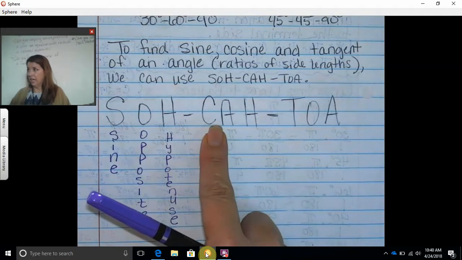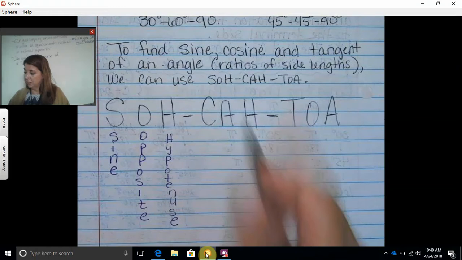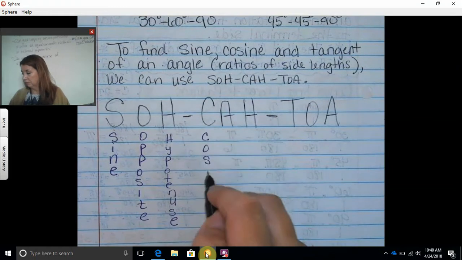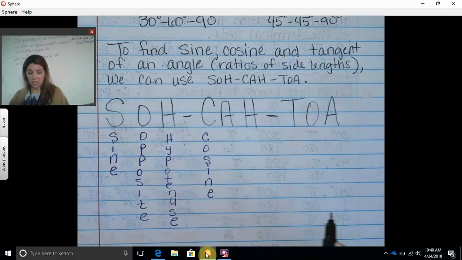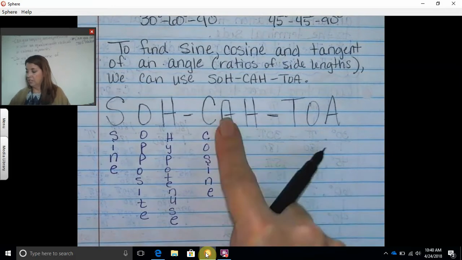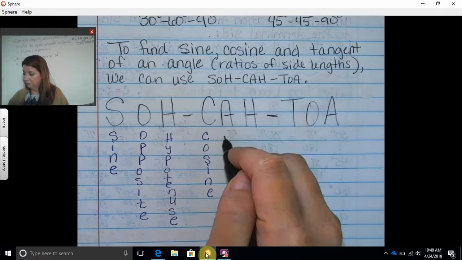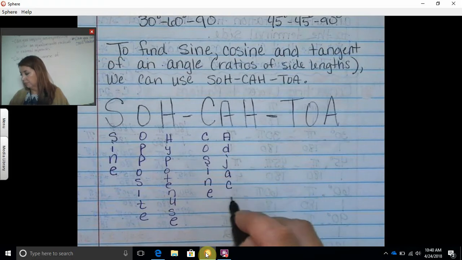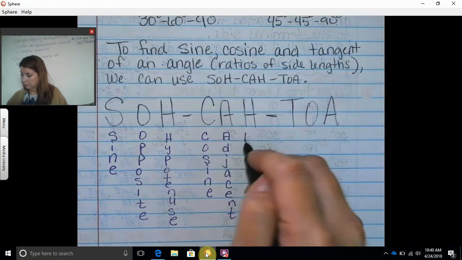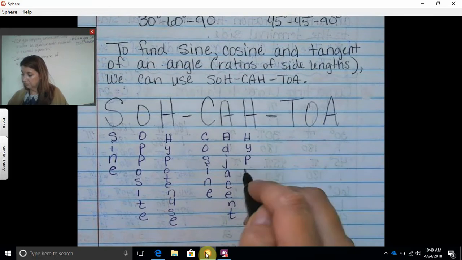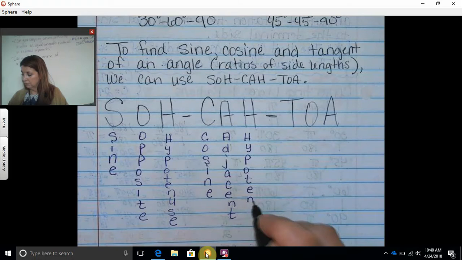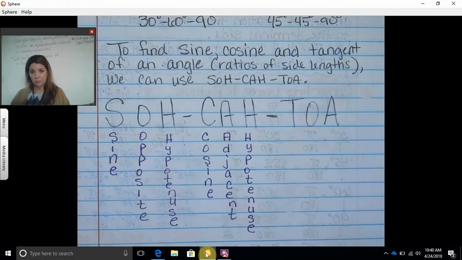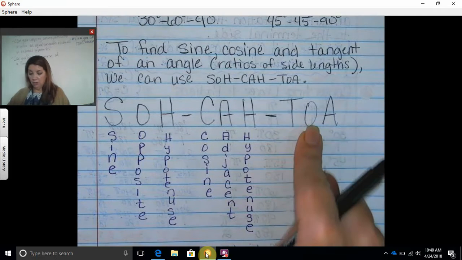For CAH, the C is for cosine. If you want to find the cosine of an angle, you do adjacent over hypotenuse. And if you want to find the tangent of an angle, you do the opposite side over the adjacent side.